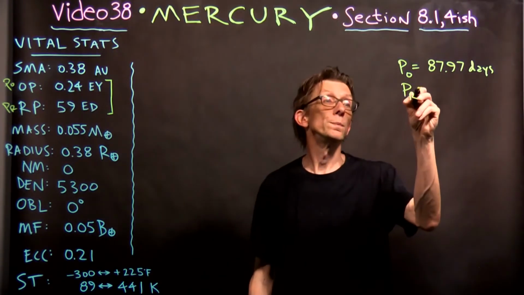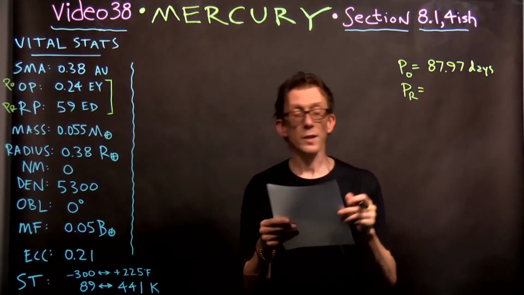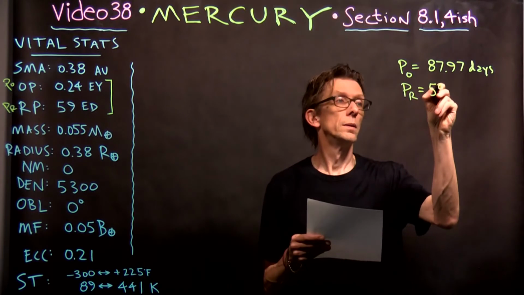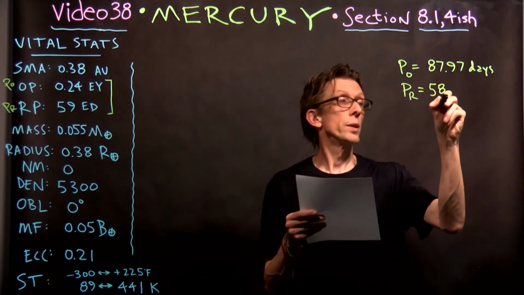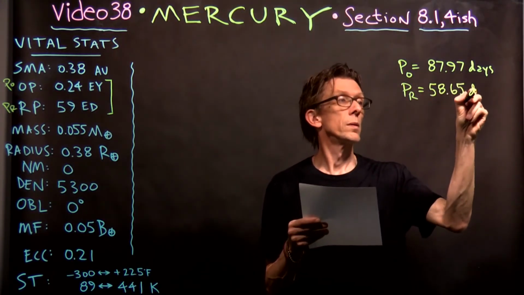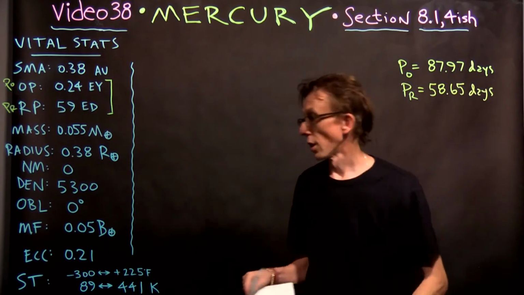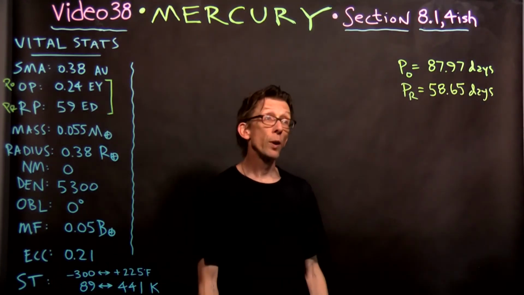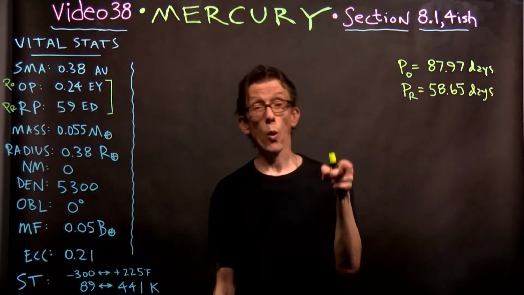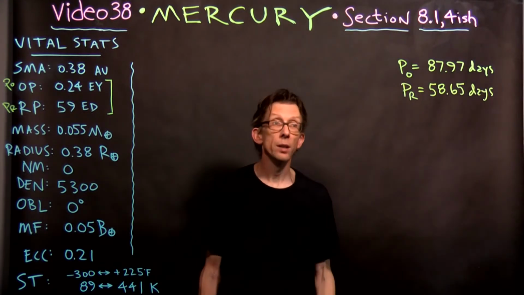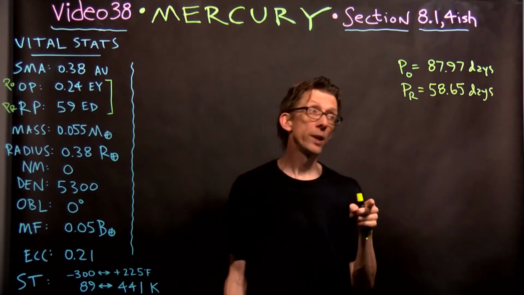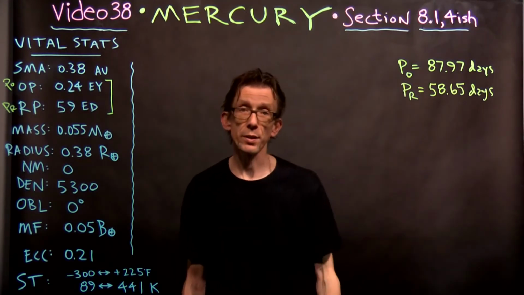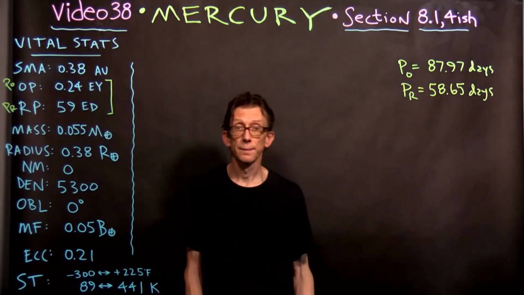P_R, if you do that, you find that it is 58.65 days. So those are our two numbers. It takes Mercury 87.97 days to orbit the Sun. It takes Mercury 58.65 days to rotate once upon its axis.